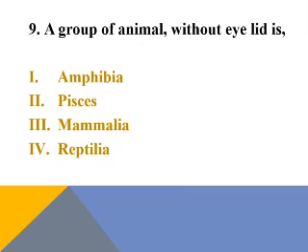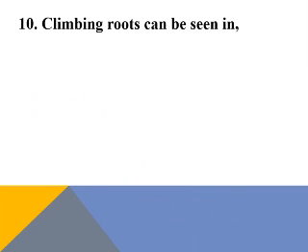Tenth question. Climbing roots can be seen in. The roots that help a climbing stem or creeper to fix to a surface are known as climbing roots. Betel and pepper are some common examples of climbing roots. Let's look at the answers given for this question.